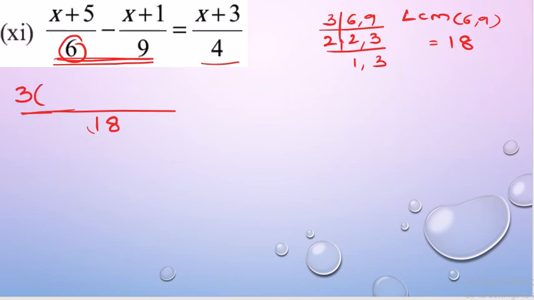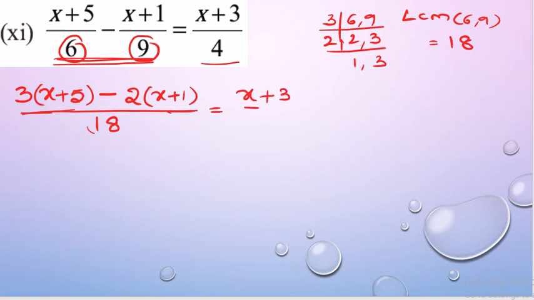So 3 times whatever is present in the numerator, we need to multiply with that. And what is the sign here? Minus. In the 9 table, how many times does 18 go? 2 times. So that 2 into whatever is present in the numerator, you need to write, is equal to, and x plus 3 by 4 is already present, so write it as it is.